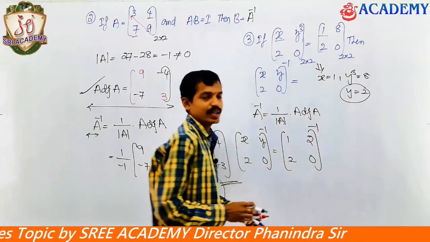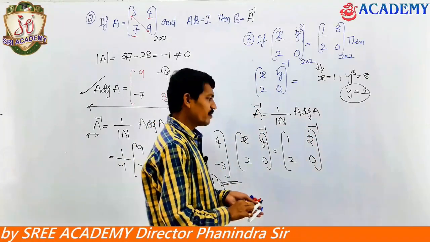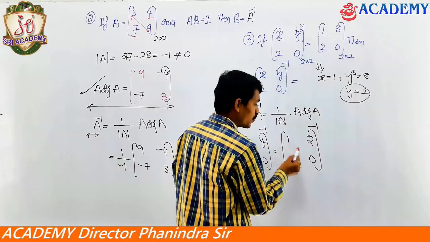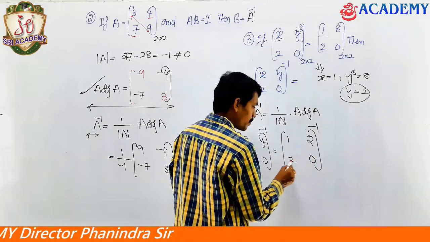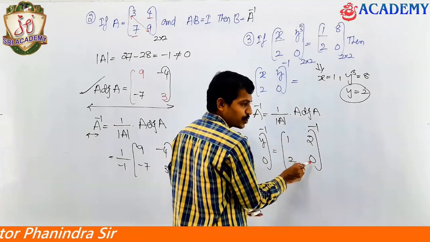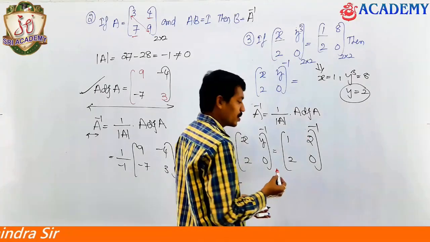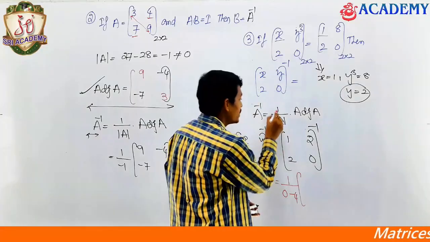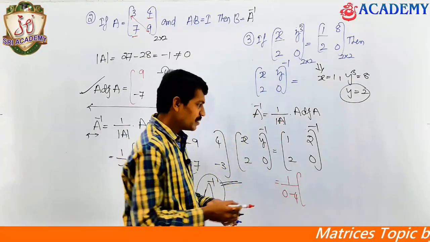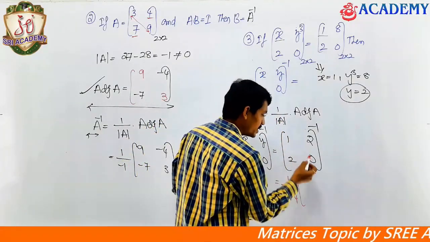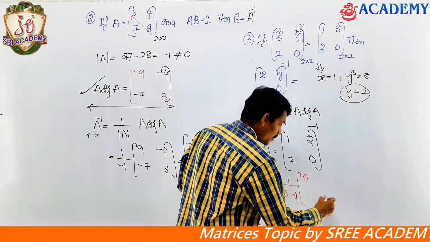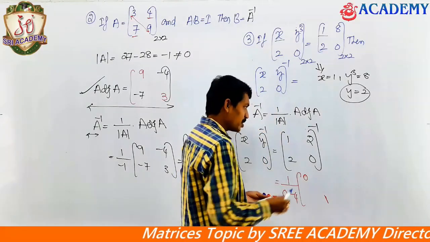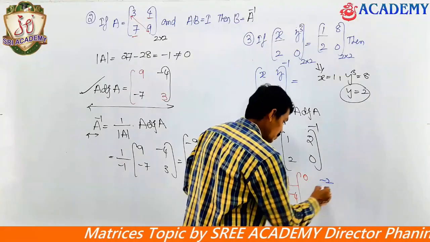Here we need the inverse. What is the determinant of this matrix? AD minus BC: 1 into 0 is 0, minus 2 into 2 is 4. So 1 divided by 0 minus 4. This is the determinant. For the adjoint, you have to interchange the elements: this element 0 goes here, 1 goes there. The remaining elements you have to multiply with minus: minus 2, minus 2.